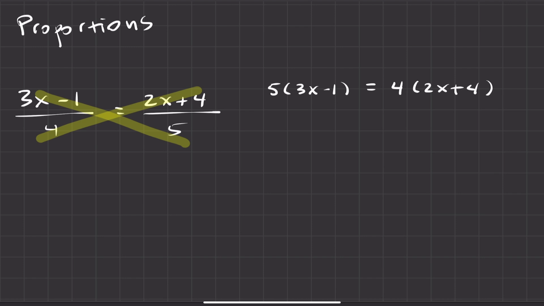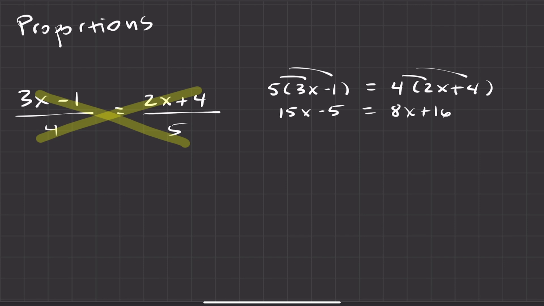Okay, so now I'm going to distribute. I'm going to distribute on the left-hand side, and I'm going to distribute on the right-hand side. So 5 times 3x is 15x, and then 5 times negative 1 is minus 5. And I'm going to equal that to 4 times 2x, that's 8x, and 4 times positive 4, that's 16.